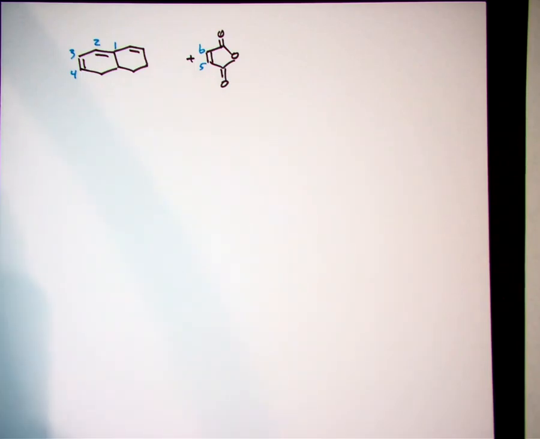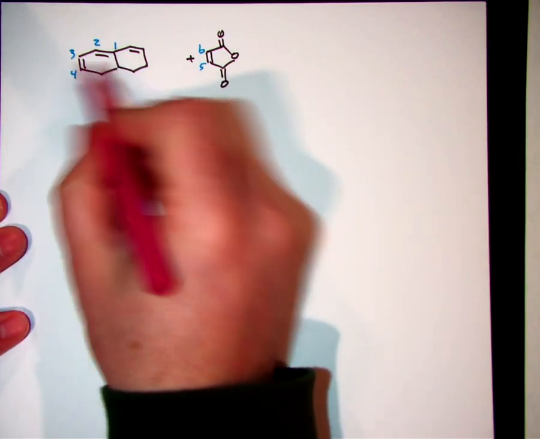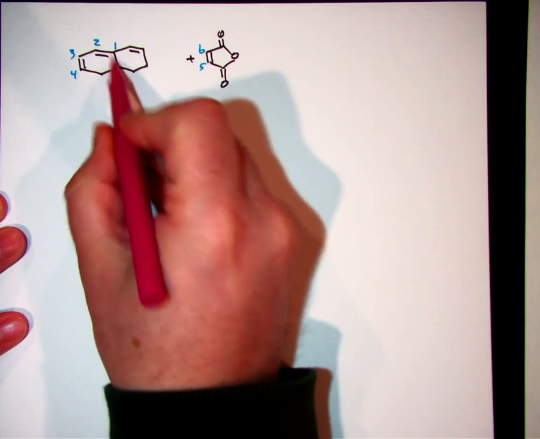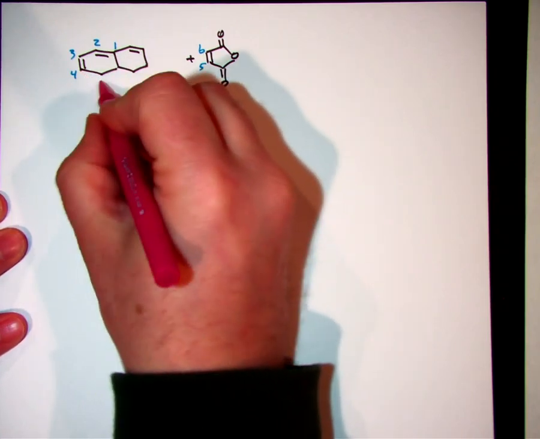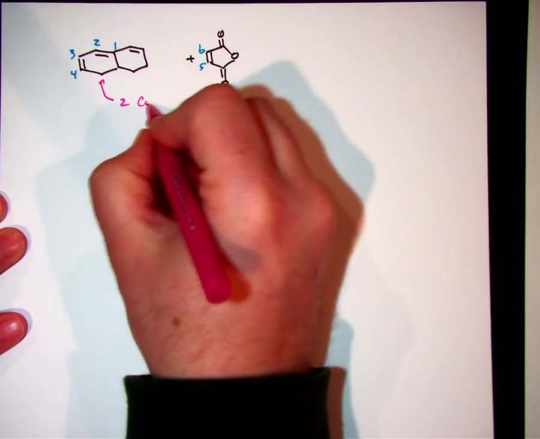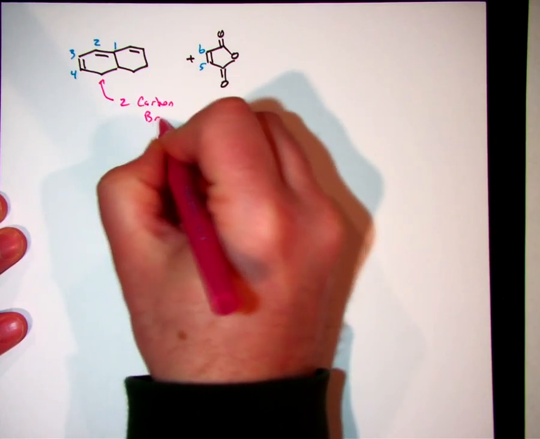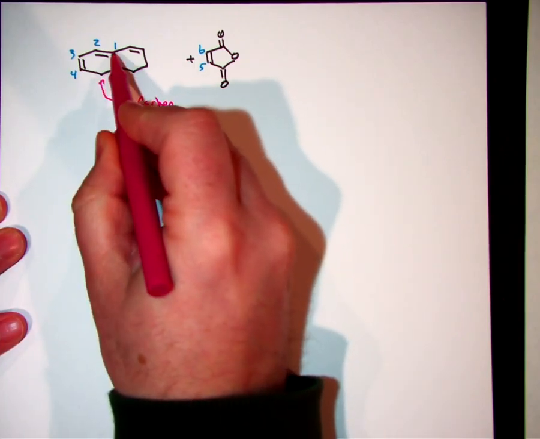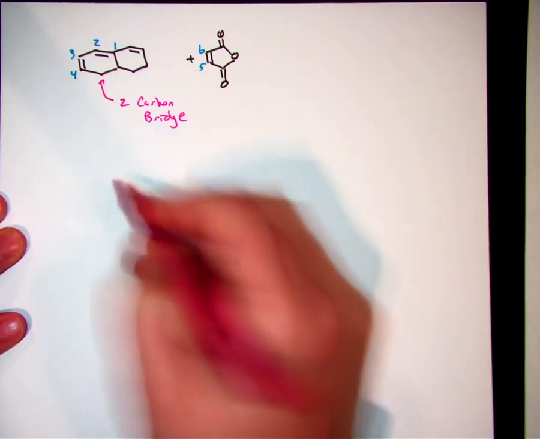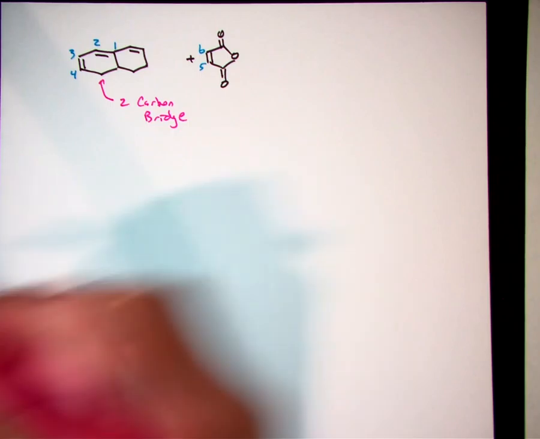If we look at the diene that we have, 2 carbons are bridging the 2 ends of our diene system. So here we have a 2-carbon bridge. Anytime that we have some carbons that are bridging carbon 1 and carbon 4 of our diene, we're going to end up with a bicyclic system in the end.